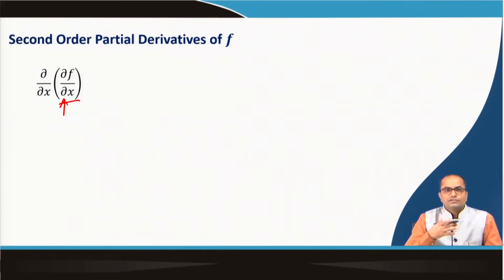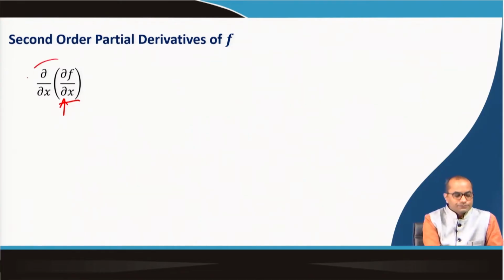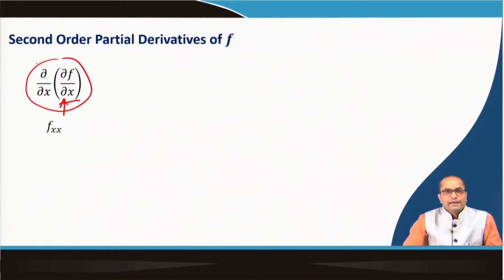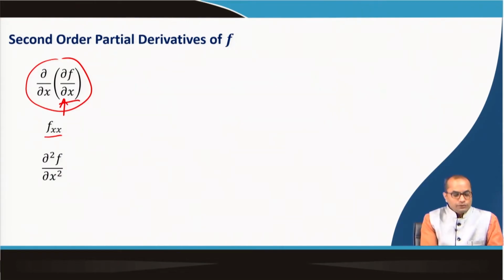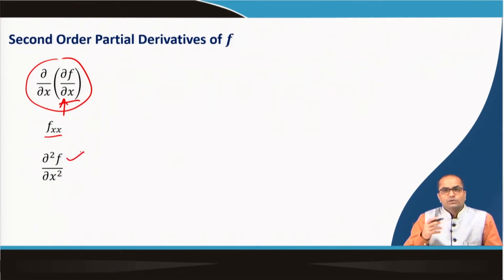So it is a second order partial derivative of f with respect to x, and the notation we use is f subscript xx, meaning two times the partial derivative with respect to x. We also denote it by del 2 f over del x squared.